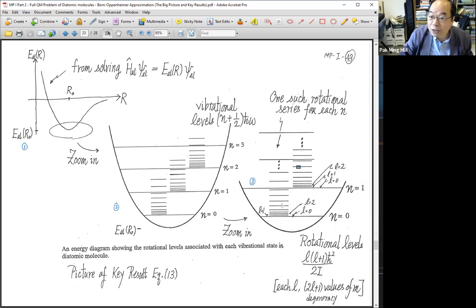So there will be a change. Listen to it carefully. There will be a change in both the vibrational state from n equal 1 to n equal 0, as well as the rotational level from a certain L maybe to L minus 1. Get me?